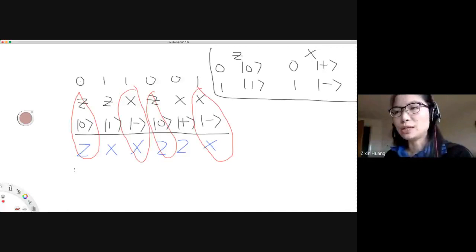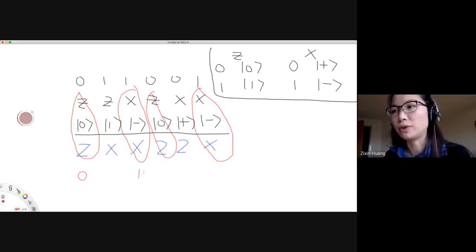So for the ones that they do match, Bob would have obtained a 0. And for this one, Bob would have obtained a 1 because if Bob measured an X and Alice prepared a minus, then Bob would have measured minus with probability 1.